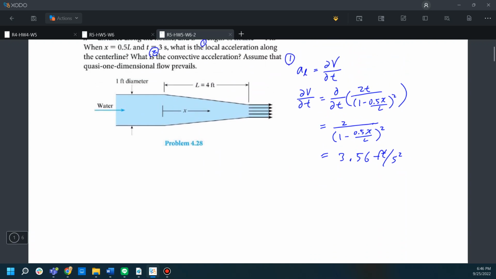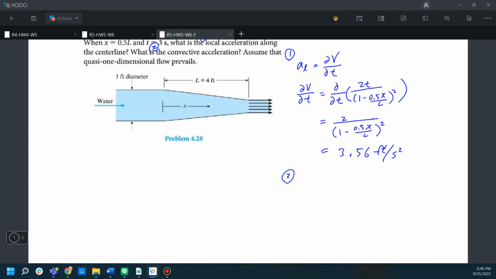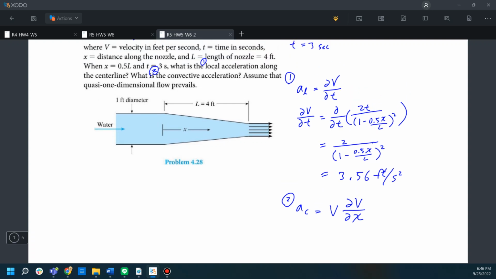Okay, so similarly, for the convective acceleration, we need to know the definition of the convective acceleration, which is equal to v times the partial v partial x. And if you want to know the entire derivation or explanation of what the local acceleration and convective acceleration are, I will refer you to the textbook.